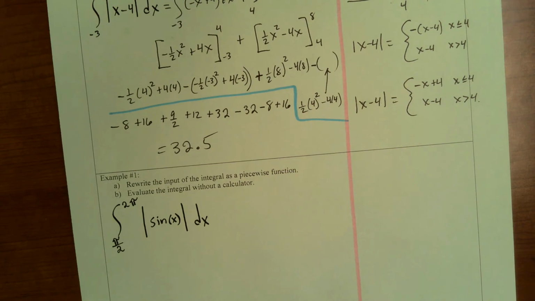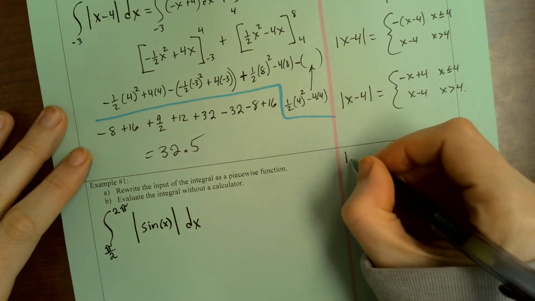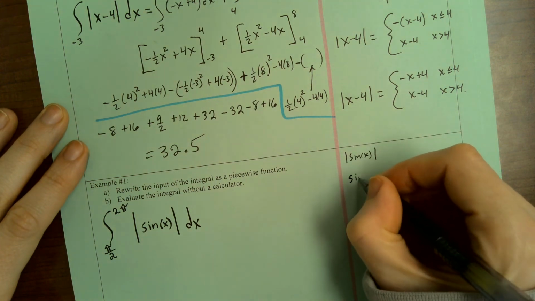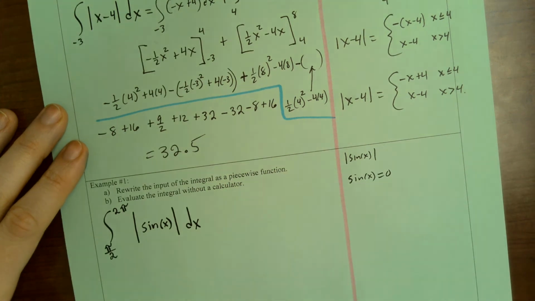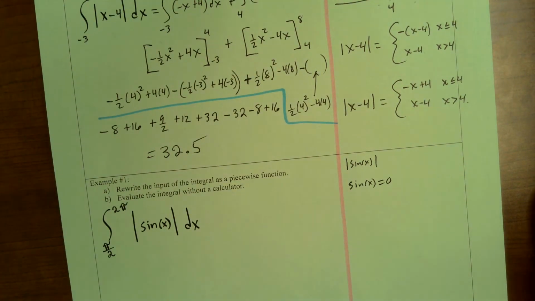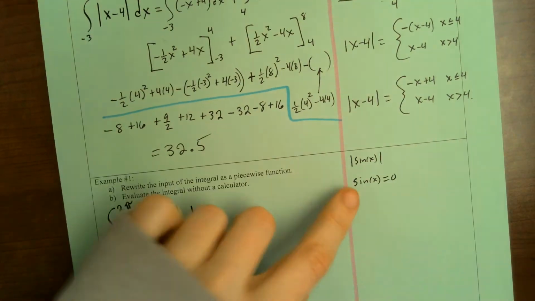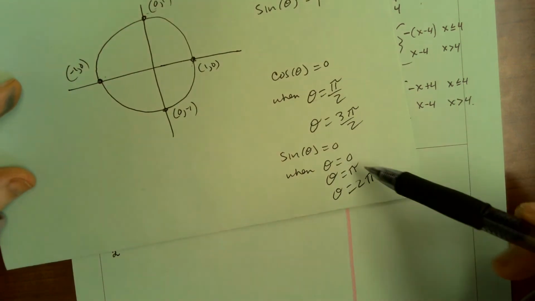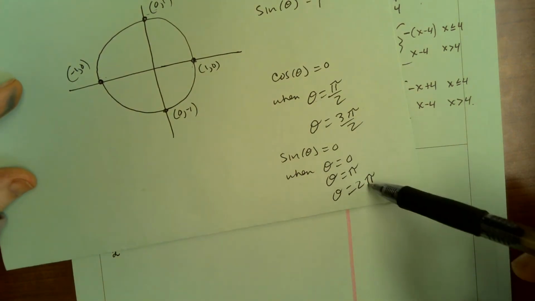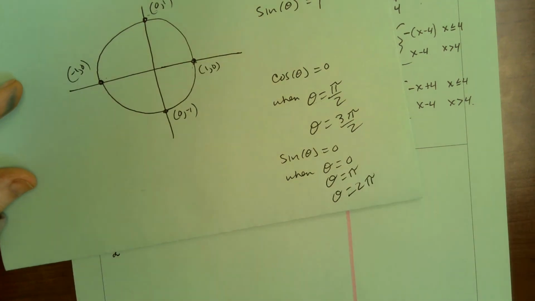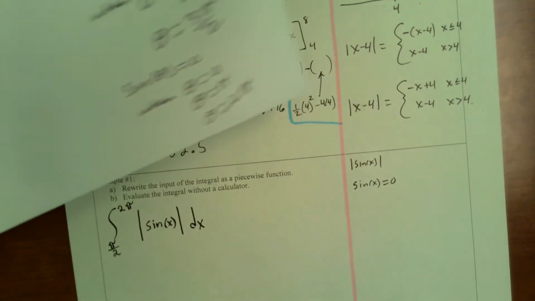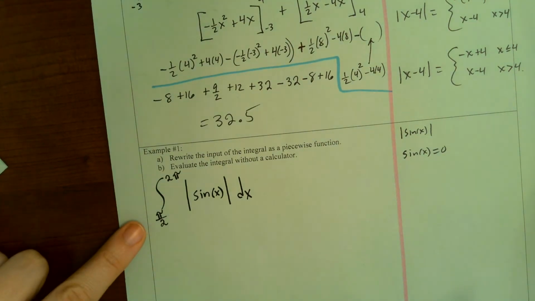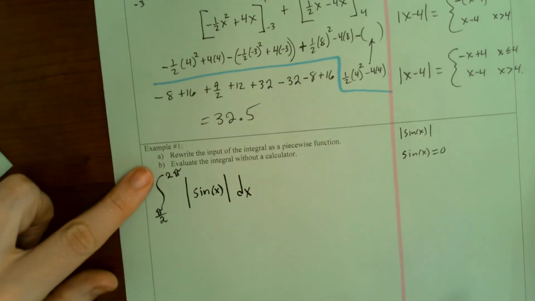Same idea. So this time we're taking the absolute value of sine, and then we're taking its input out. We're setting it equal to 0. And guys, I really just kind of said this. So if sine of x is 0, then that means these numbers here: 0, pi, 2 pi. Now guys, we're only looking here at pi over 2 to 2 pi.